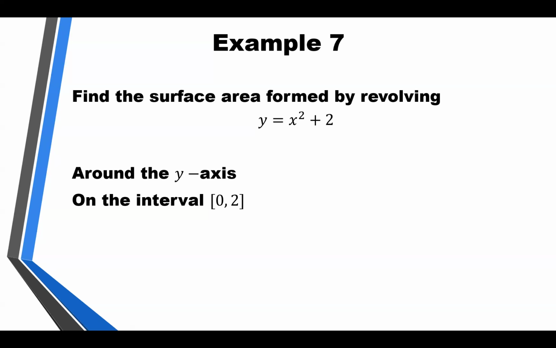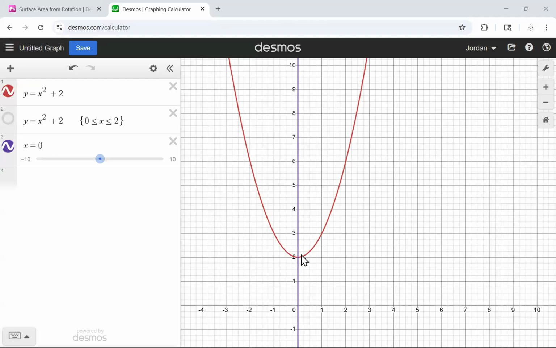So we want to rotate around the y-axis on the interval from x equals 0 to x equals 2. Y equals x squared plus 2 is this parabola. We're going from x equals 0 to x equals 2, and we're going to revolve that around the y-axis, so the line x equals 0.